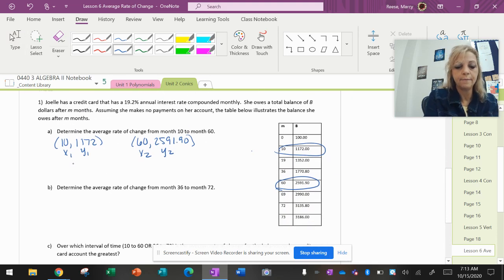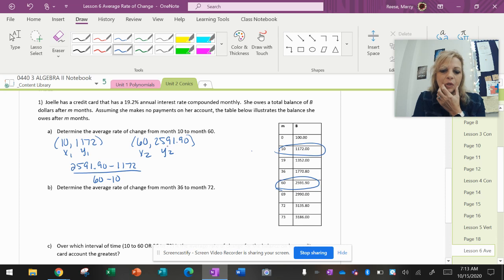So change in y is always on top, minus 1172, over change in x. So 60 minus 10. Remember, if you start with 2,591 for the y, you have to start with the 60 for the x, okay? So make sure that they coordinate.